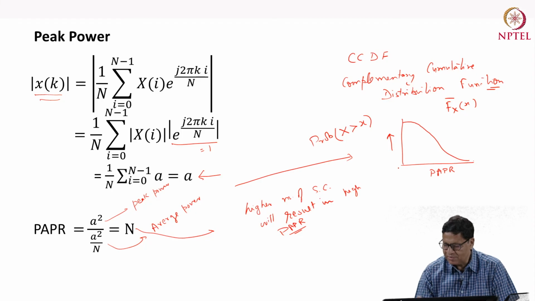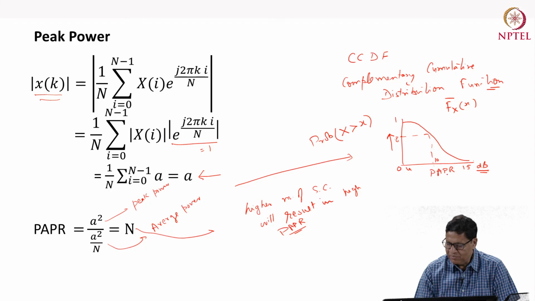So this is starting from 0 to 1, this is 0.8, and this could be, for example, 10 dB, this is say 4 dB, and these are say 15 dB. I'm just putting some approximate values.